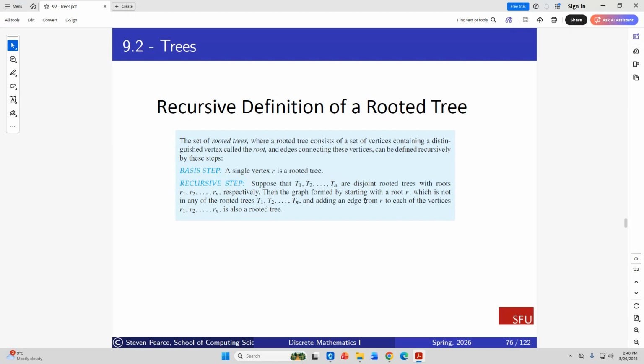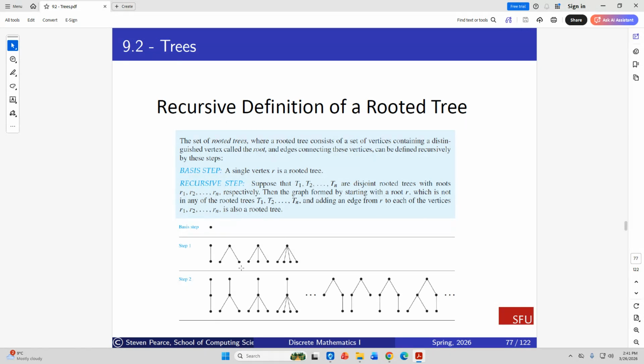Then the graph formed by starting with a root r, which is not in any of the rooted trees T1, T2, Tn, and adding an edge from r to each of the roots of these trees, is also a rooted tree. So that's the idea.